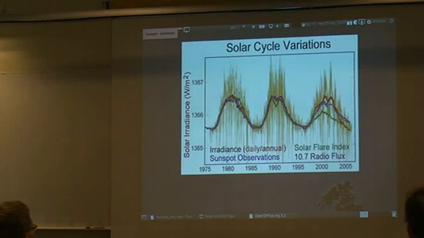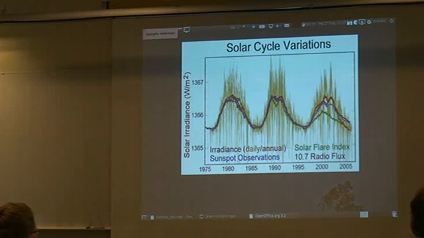So this is also a plot. We see here the blue, which is the sunspot observation, and the sunspot number is the Wolf sunspot number, which is a combination of the number of sunspots and the number of sunspot groups. That's a convention which is used to calibrate different observations.